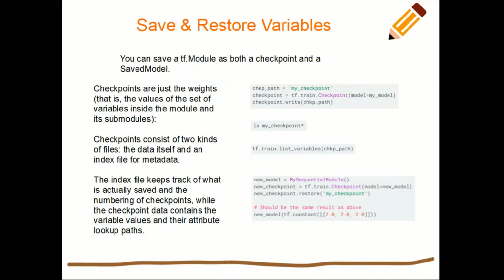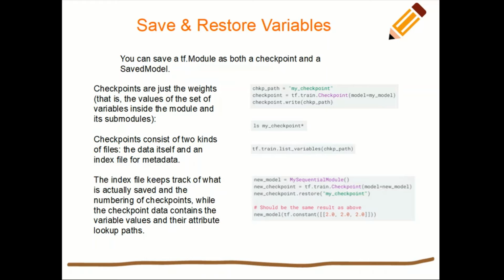Okay, and also consider another scenario. Let's say we have trained our model, and after training we want to take it to some other server or some other device. For that we definitely need to export the model into a device independent format so that we can take it to another device, right?